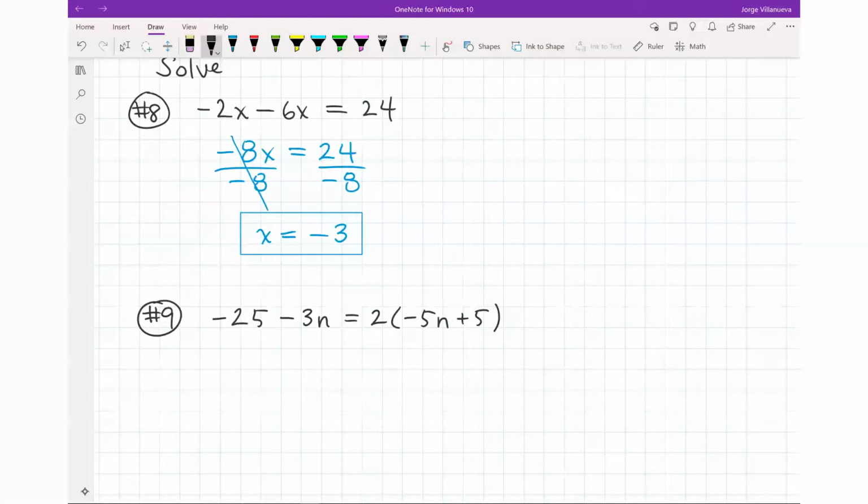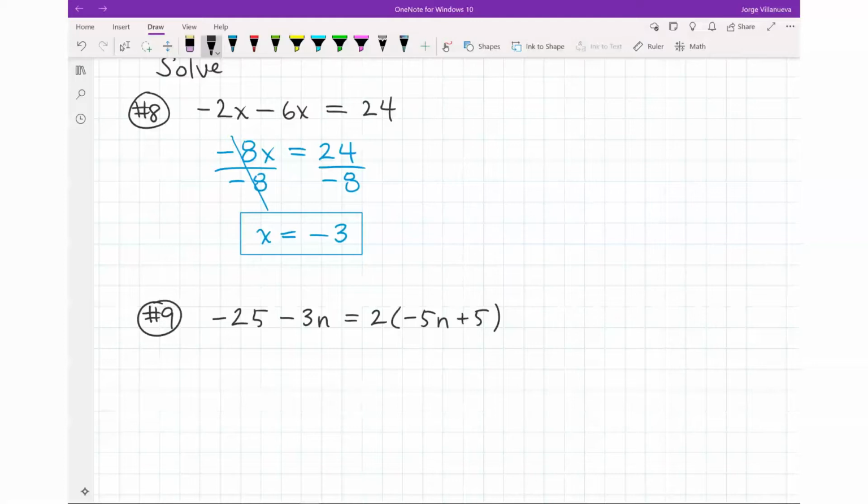Why would people say this one's tough? What do you guys think? Any ideas? Why would someone look at this and say, oh, that's way harder than number 8? No? Well, there's more numbers. There's a lot more numbers. Anybody else?